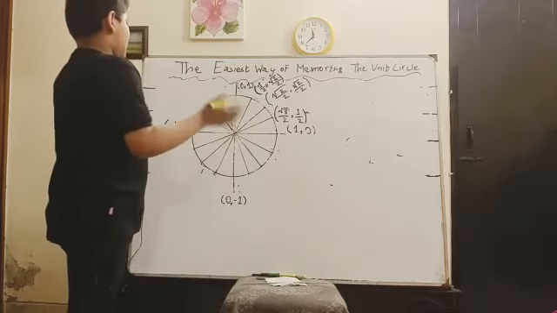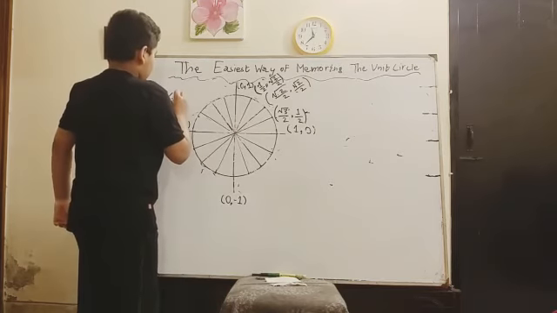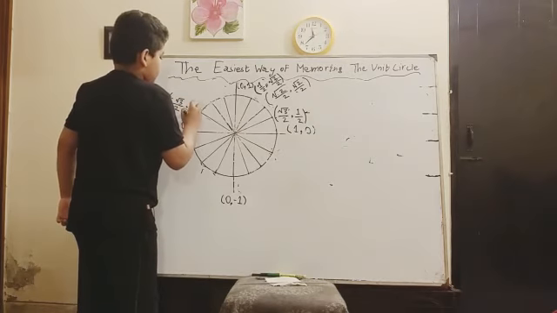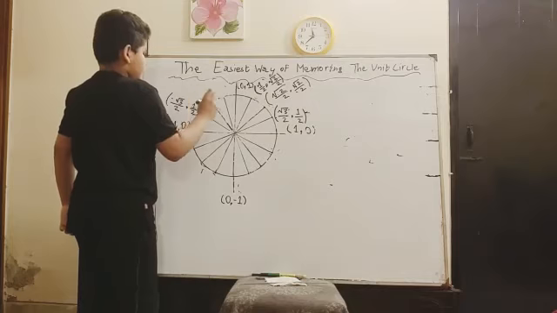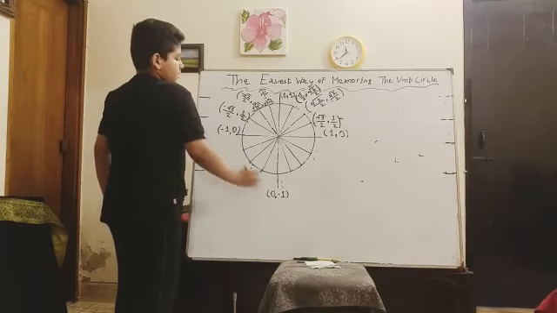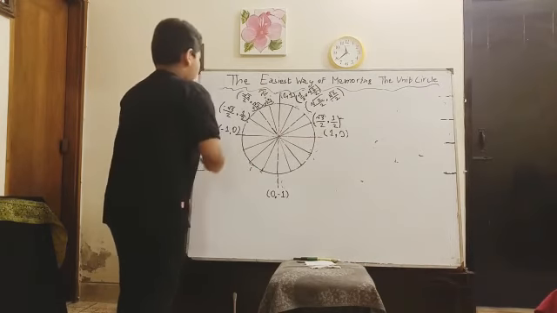So let's just plug negatives for our sines and keep the cosines the same. Now for this coordinate, all will be negatives. So let's just plug negatives.